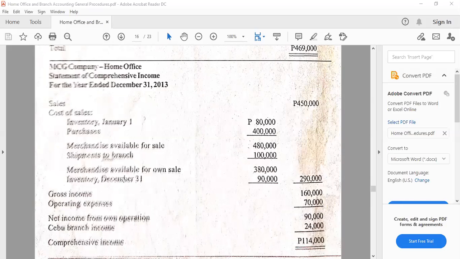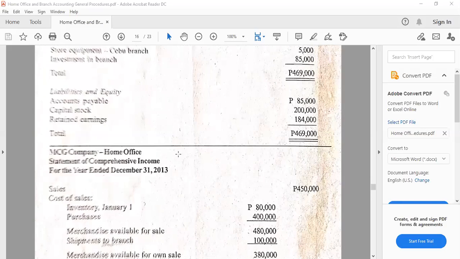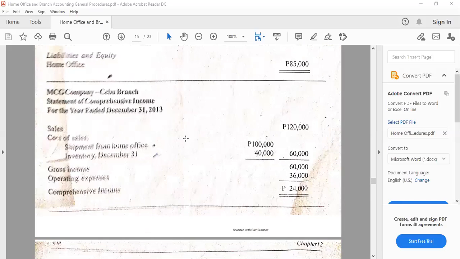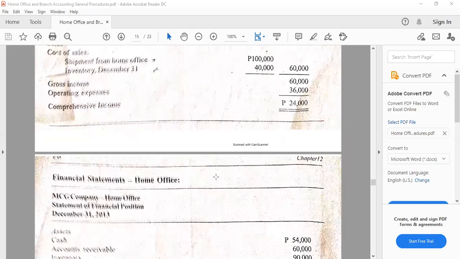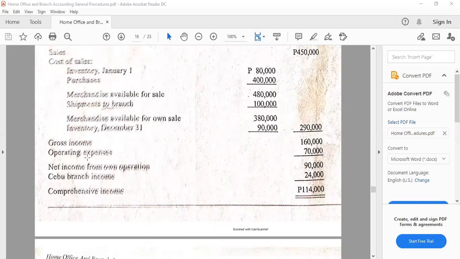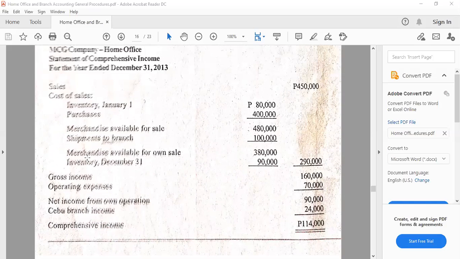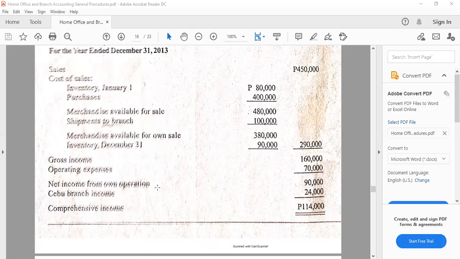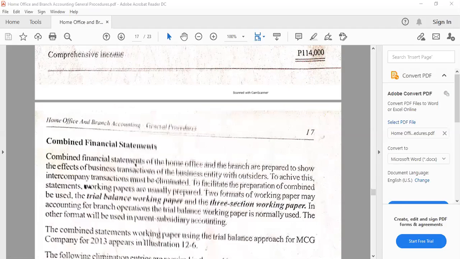In comprehensive income, we can notice now that the shipments to branch is again a deduction to get the cost of sales, whereas the shipments from home office is an addition to get cost of sales. Also, after we get the net income of the home office from its own operations, we add the income of the branch or branches. So we only have Cebu branch income here in the example to simplify the illustration. So comprehensive income is 114,000.